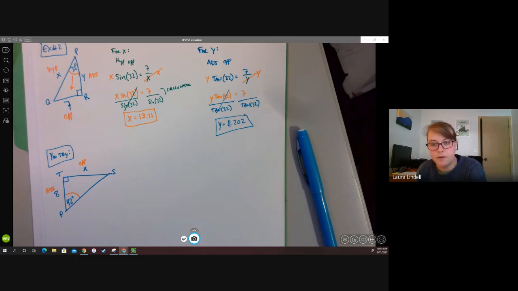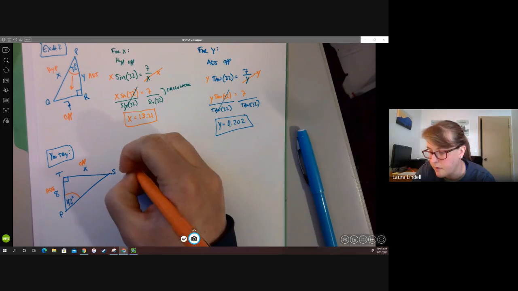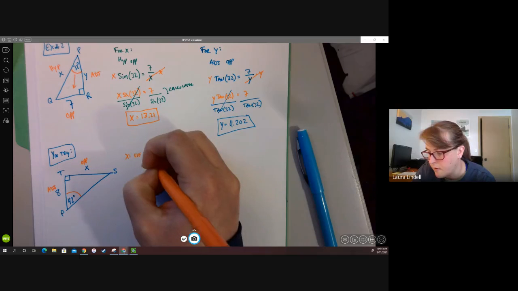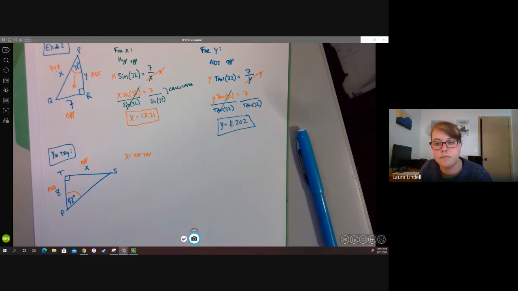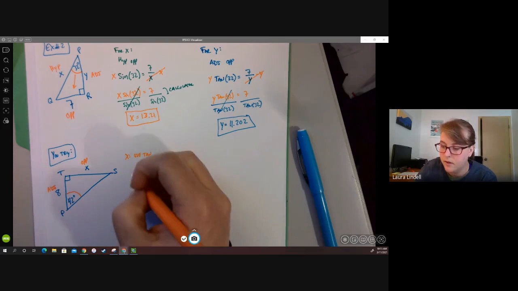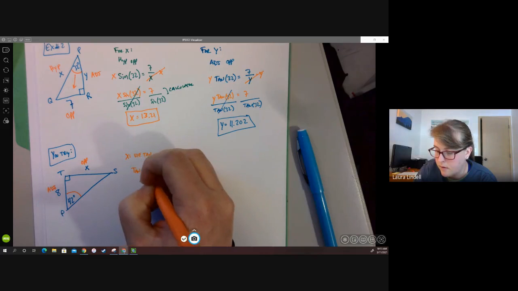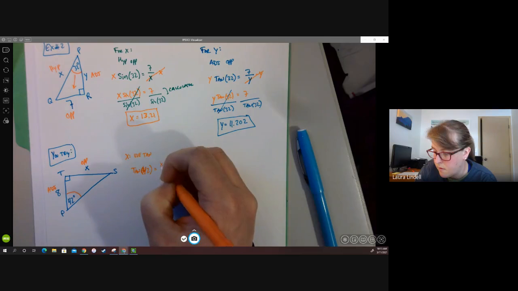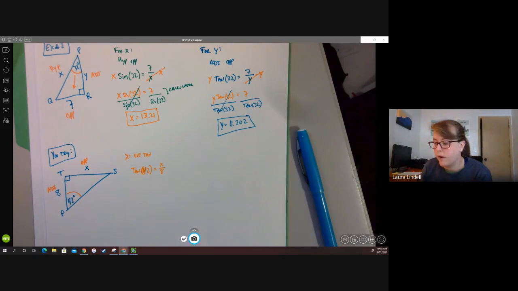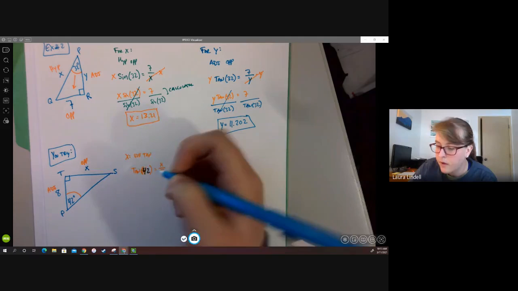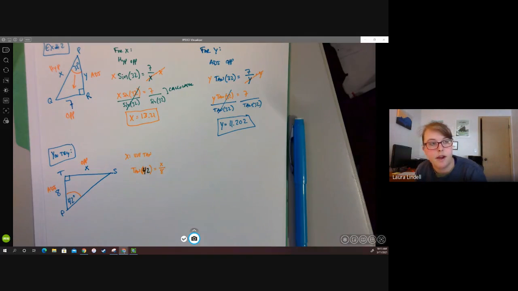Also, if you made the decision then to use tangent, you're on the right track. And if you set up the equation tangent of 42 equals x over 8, you're on the right track here.